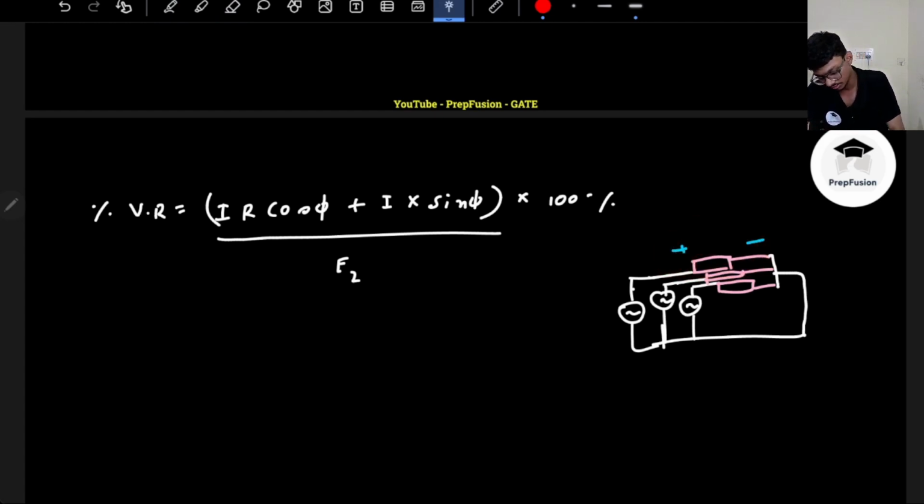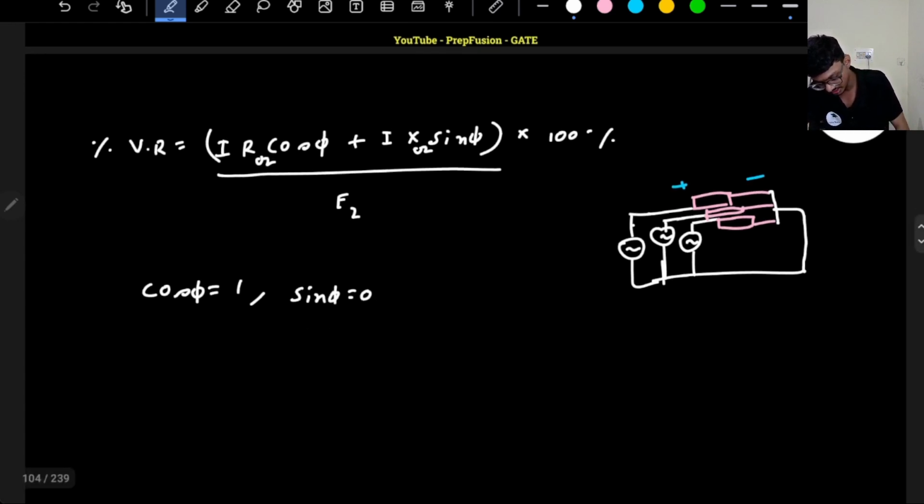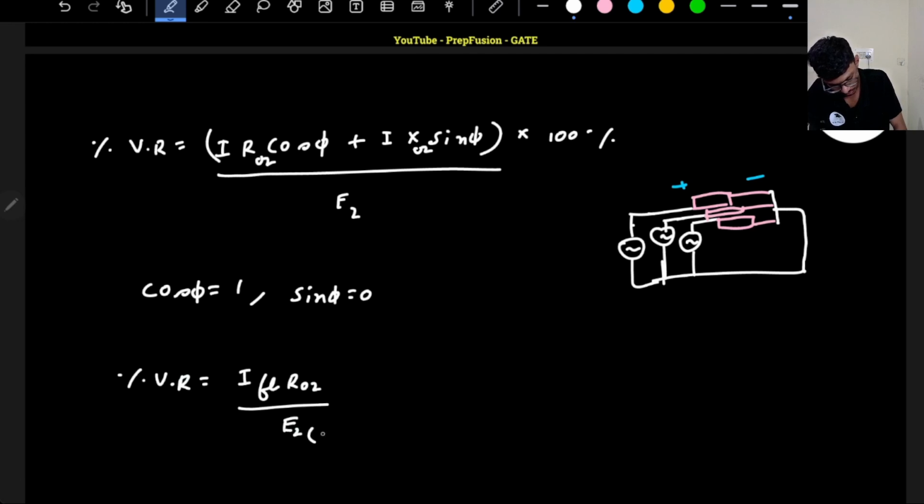If you remember, this was not only R, this was R02 equivalent impedance and X02. I know my cos phi is 1, because it is operating at unity power factor, as they have mentioned, and my sin phi is 0. So ultimately the expression for voltage regulation comes out to be I_FL, because it is the full load current, into R02 cos phi, which is 1, divided by E2 no load, into 100.